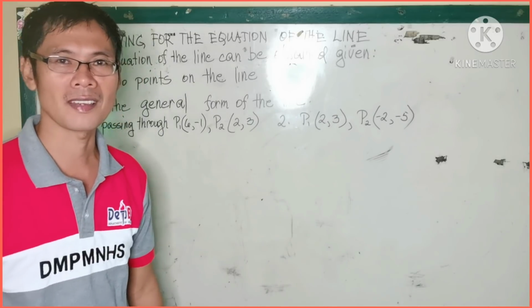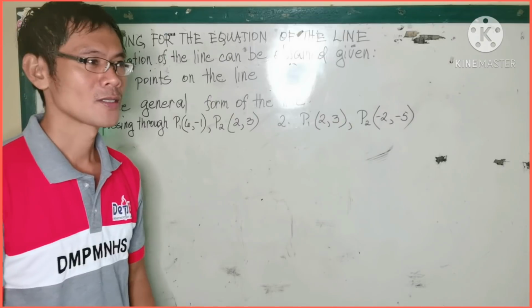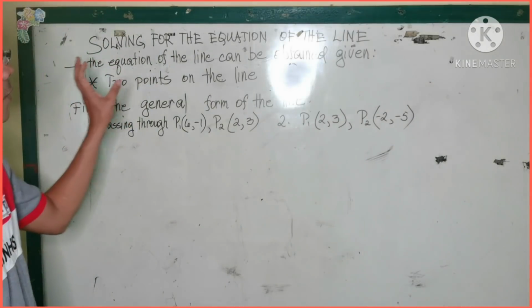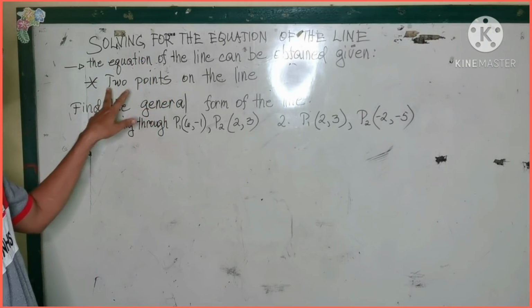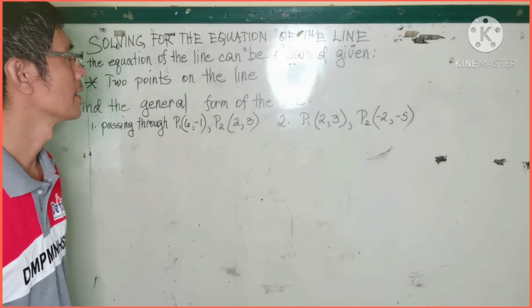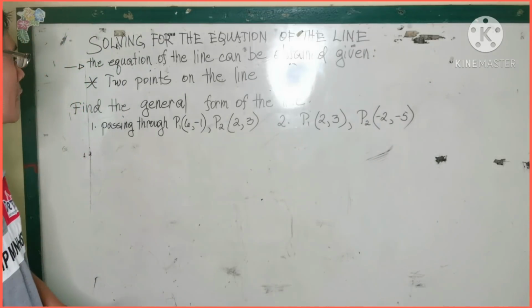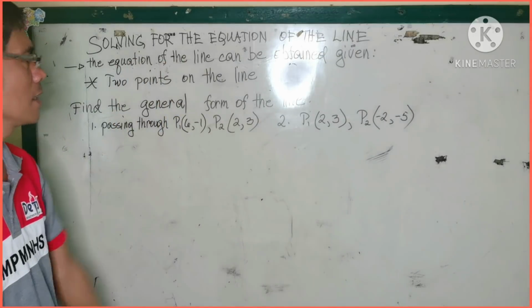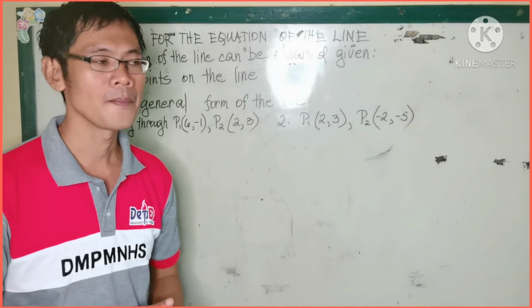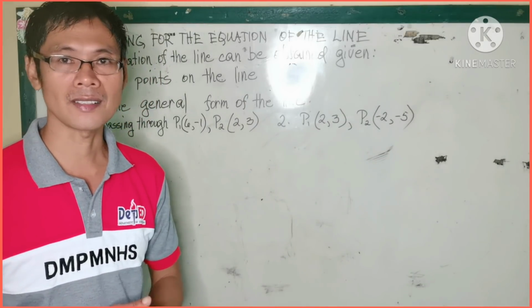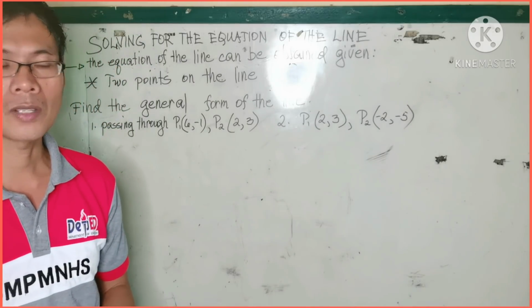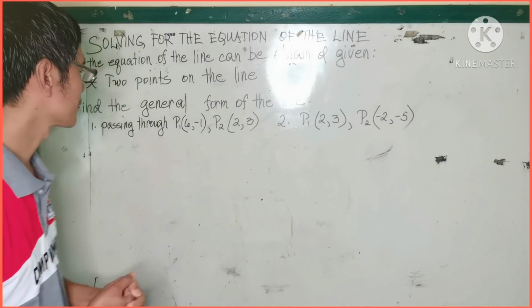So this time, the focus of our discussion is solving for the equation of the line given 2 points on the line. You should always remember that the equation of the line can be obtained given 2 points on the line. Also, there are still other instances wherein we can solve for the equation of the line.